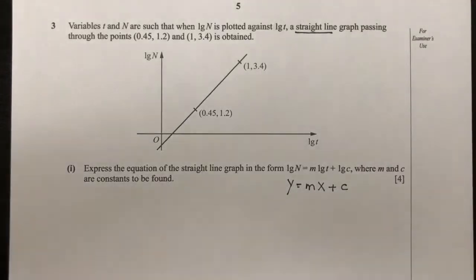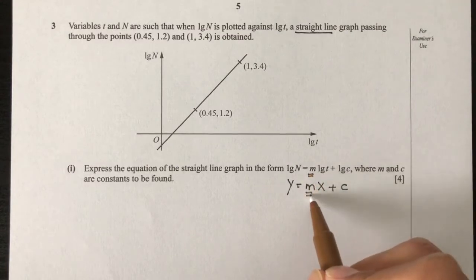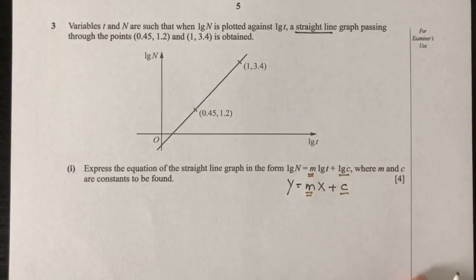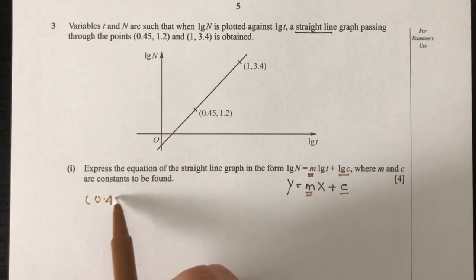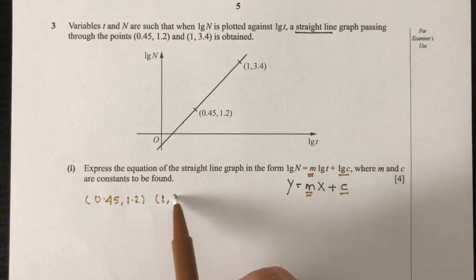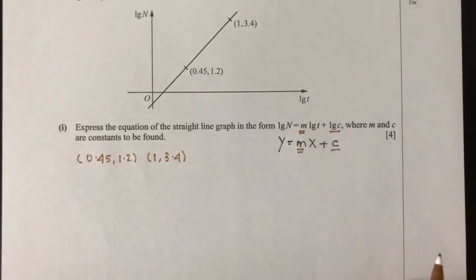So by comparison, you will see that m is the gradient to be found and log of c is the y-intercept. Since we have 2 points already, which are 0.45 and 1.2, and 1 and 3.4, we can find the value of m, the gradient, by using our formula.